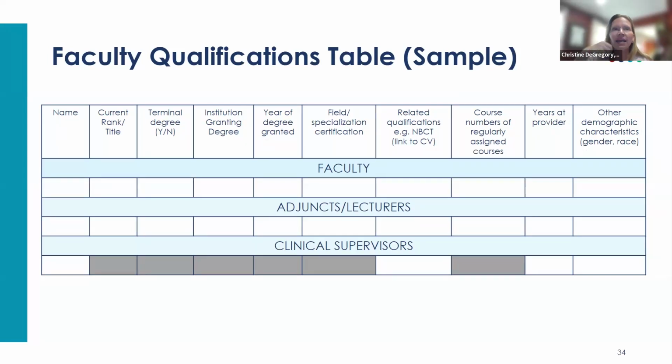If you've been through institutional accreditation, you might even already have a bucket full of CVs hanging out somewhere that you can attach here, as well as making sure you have all your course syllabi. So CVs and syllabi, important. I've seen some people even hyperlink them into the person's name too. However you want to do it, you need to have it. Just be prepared for that.